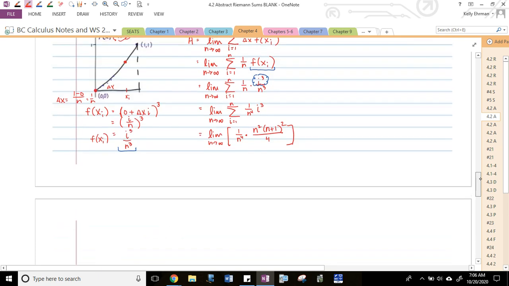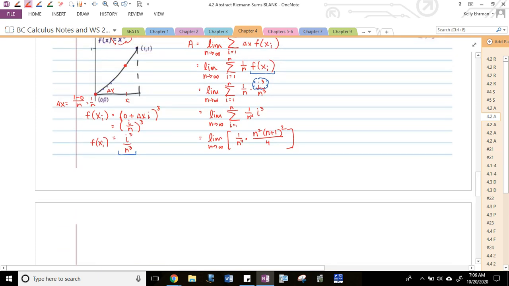You make that substitution when you drop your summation notation, because when I sum up all those terms of i cubed, it'll come out to this expression. And then some things cancel. Before you take the limit, n squared cancels with n to the fourth, so you have an n squared down there. So you're going to get the limit as n approaches infinity of n plus 1 squared over 4n squared.